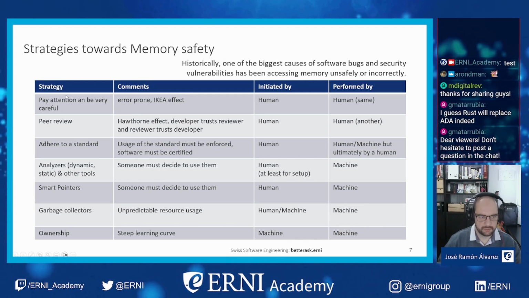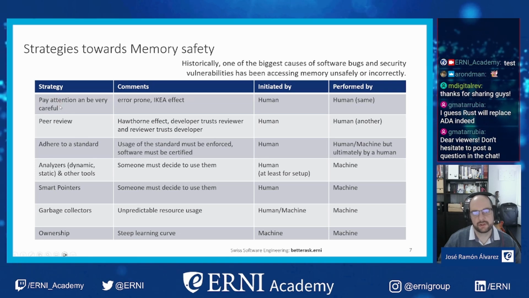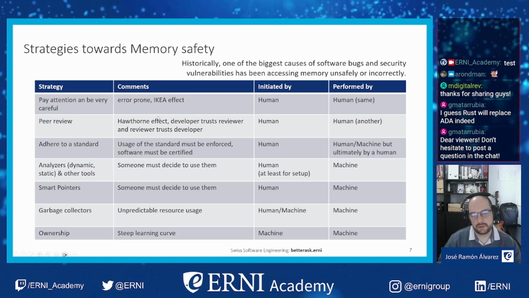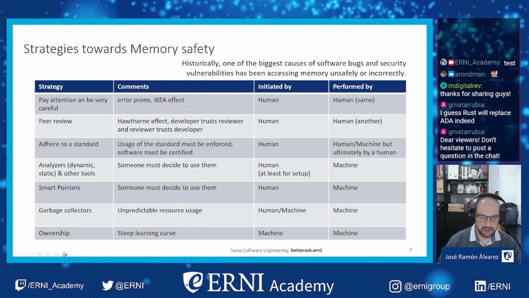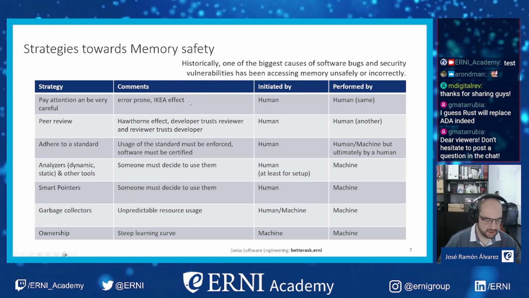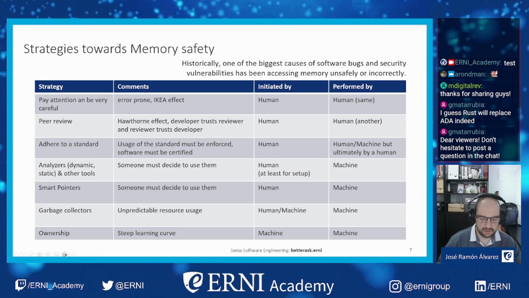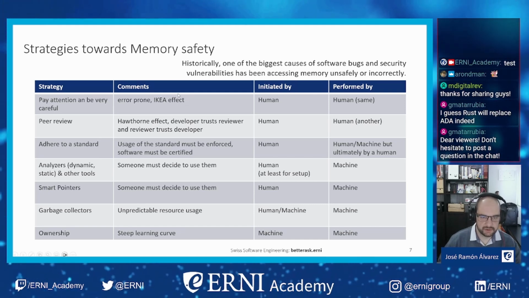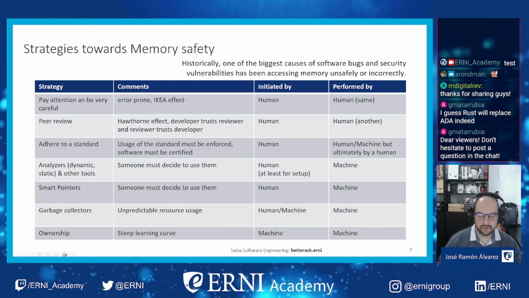The first one is very obvious: to pay attention and be very careful when we code. This is of course error prone, and it is affected by the IKEA effect. The IKEA effect is a psychological bias that humans have, which consists in putting more value in the things that we have done ourselves.